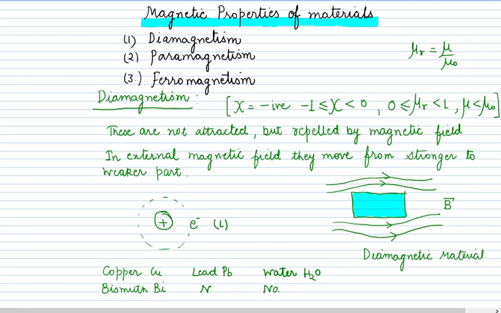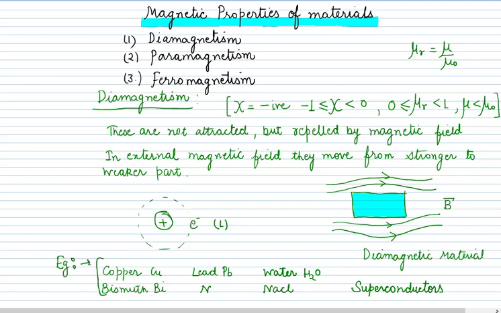NaCl, sodium chloride, and all the superconductors show the property of diamagnetism. That is a very interesting property of all the superconductors. So if you go into the unit on superconductors, you'll find the interesting property of diamagnetism shown by superconductors. So these are a few examples of diamagnetic materials.